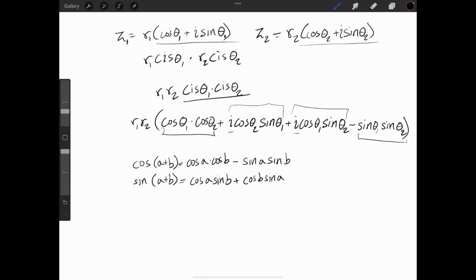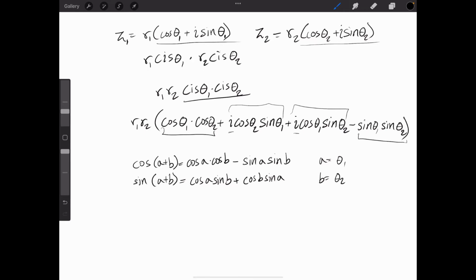In this case, the imaginary parts fit sine of a plus b, and the real parts fit cosine a plus b. So we can rewrite that as such. In this case, we're just saying that a is equal to theta 1, b is equal to theta 2.